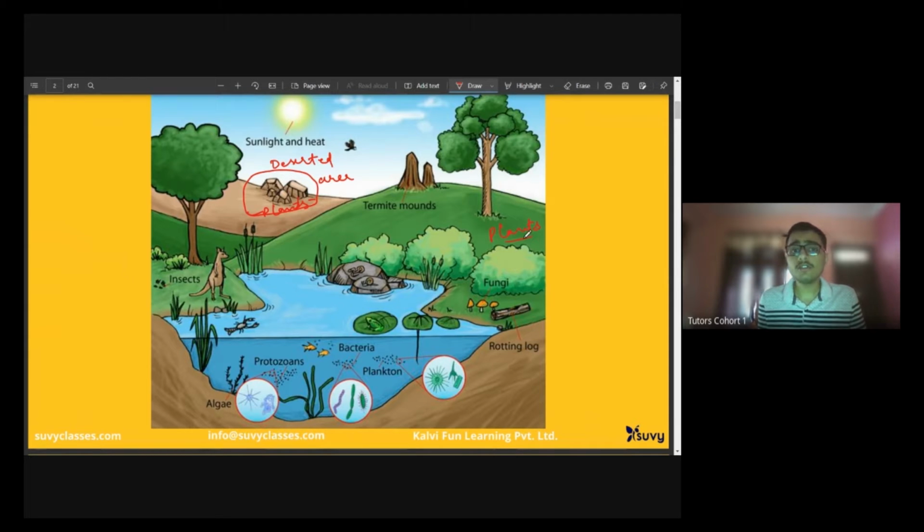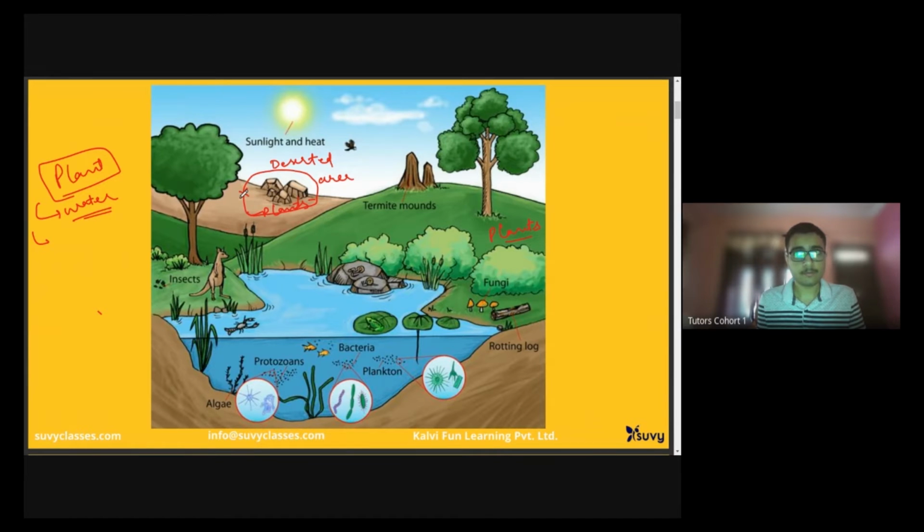This shows that plants can only live in an area where they get suitable conditions like water. They need water, which is not there in the desert area, so plants don't live here.